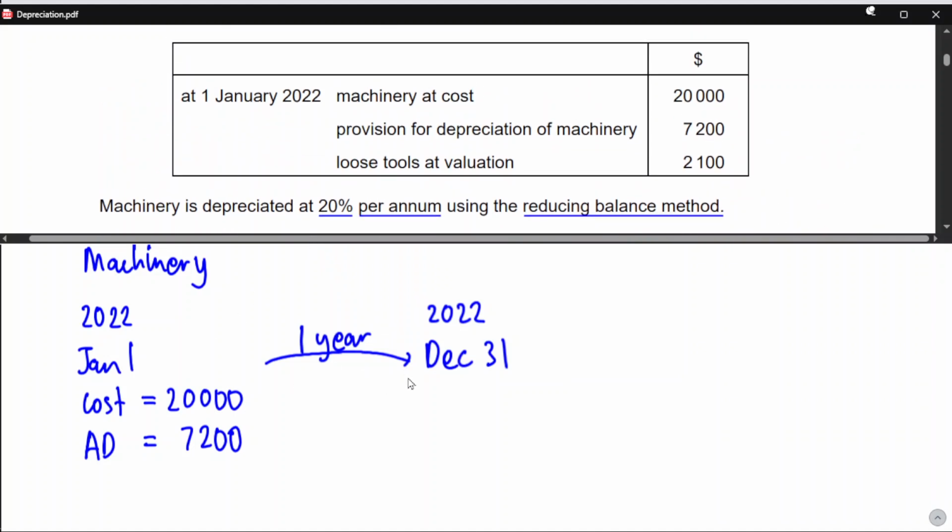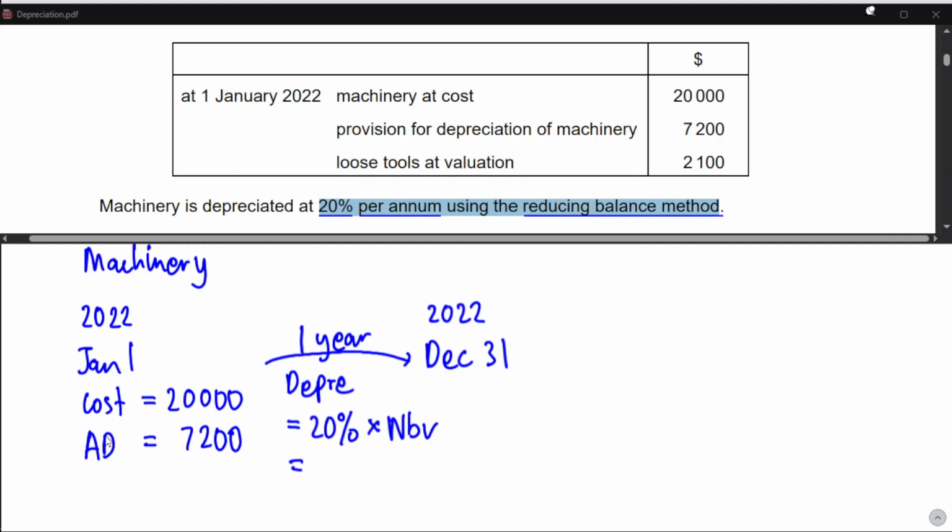Okay. So this 1 year, what he do so the depreciation will equal to 20%, 20% times the reducing balance method means times net book value.